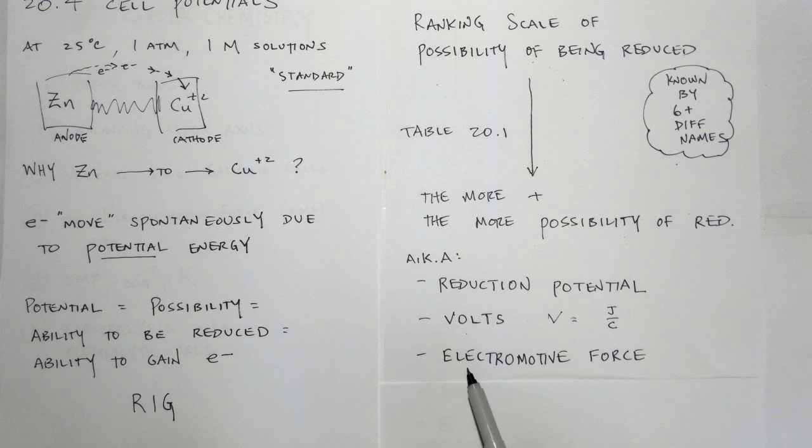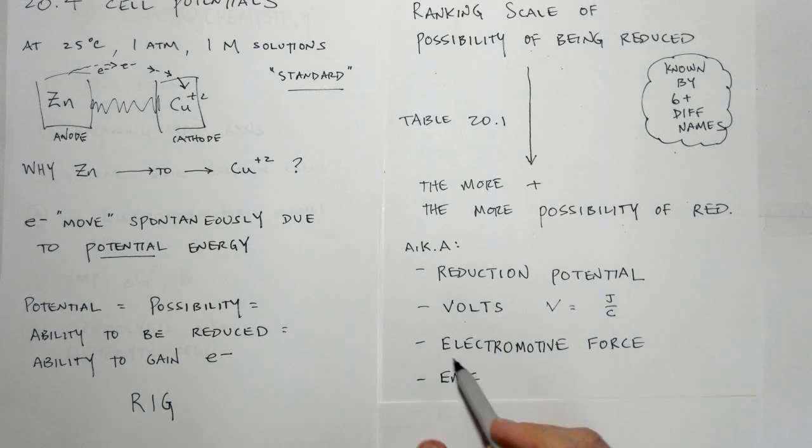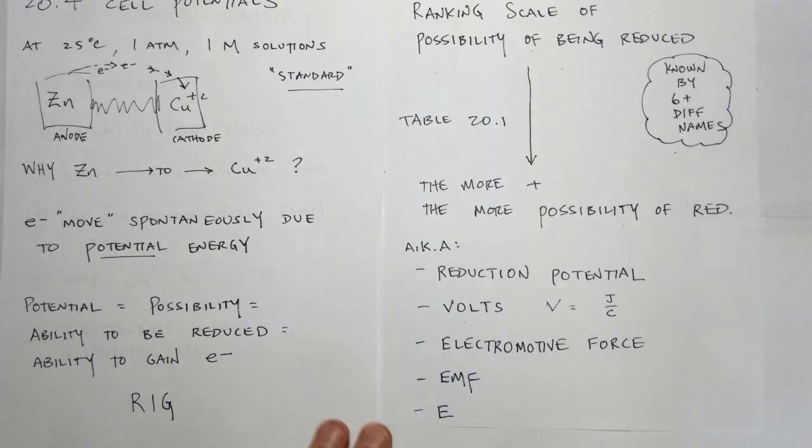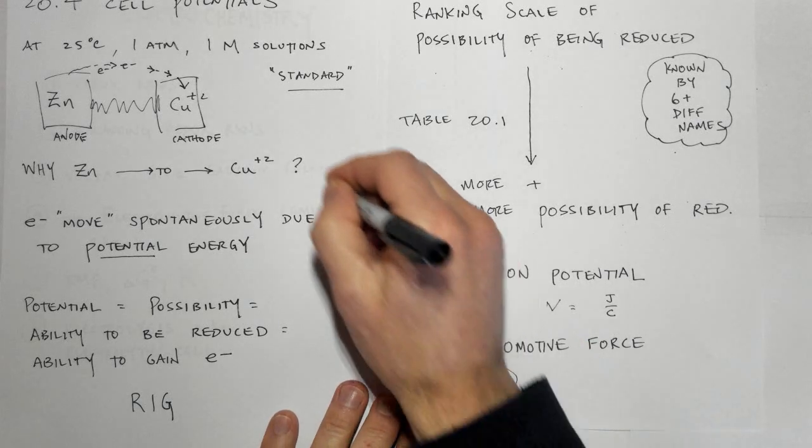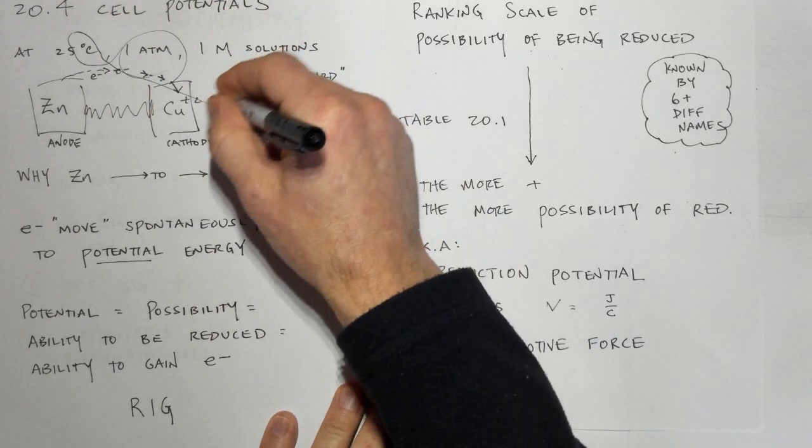The fancy name is the electromotive force, because it's the force that pushes electrons or pulls electrons from one place to the other. Since electromotive force is a lot to say, sometimes we just call it the EMF, electromotive force. Since EMF is even difficult to write all three letters, lots of times we just write E. And sometimes we'll put a little circle in the upper right-hand corner, and the circle means that it is at 25 degrees Celsius, 1 atmosphere, 1 molar.